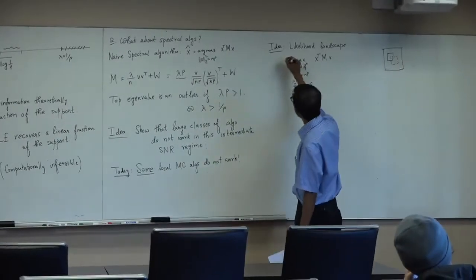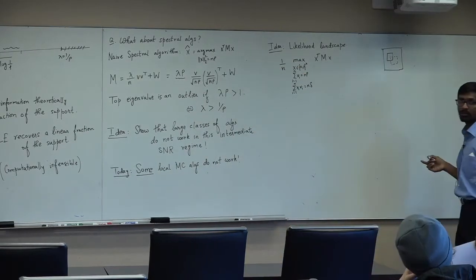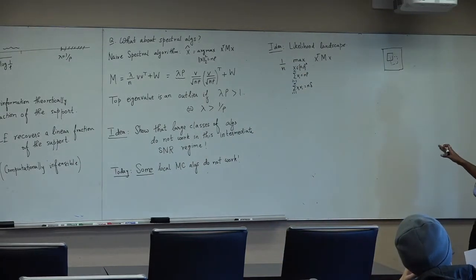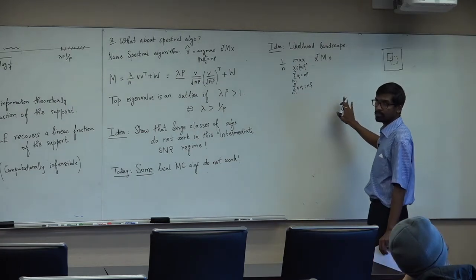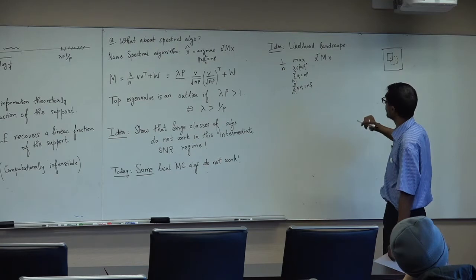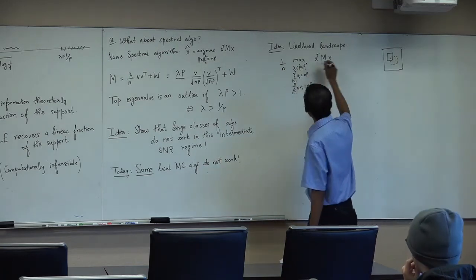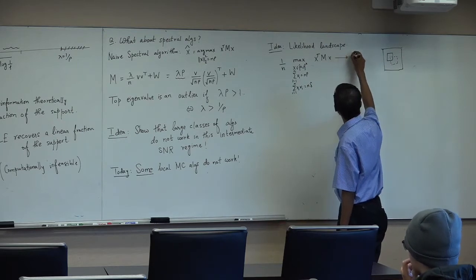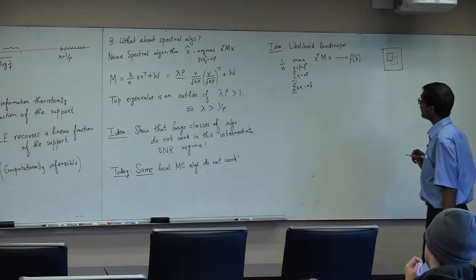Now, obviously, this is not something that I can actually implement on a computer, right? This is purely a theoretical device that can help me understand the problem better. This is not something I can calculate on the data. So, turns out that for every delta, this will converge to some limiting object f of delta. Okay.